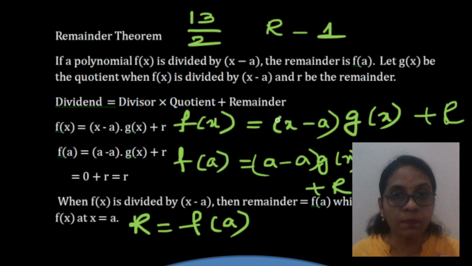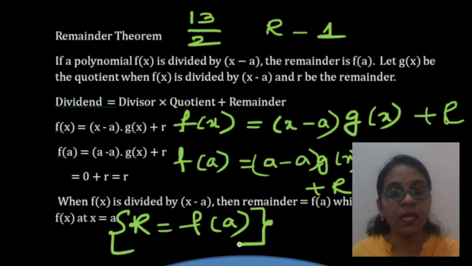If x minus a is given, children, you have to equate x minus a mentally to 0 and the value of x is what you are writing. So, if a given polynomial is divided by x minus a, the remainder is f of a. Is that clear? So, you need not learn or remember all this. Only thing that you have to remember is that the remainder is f of a.